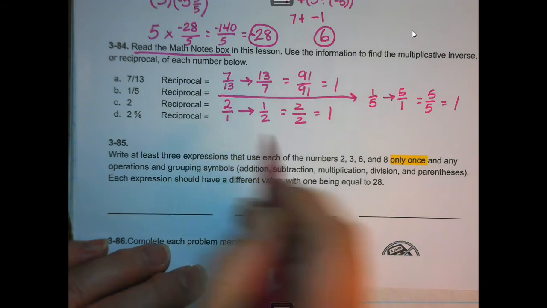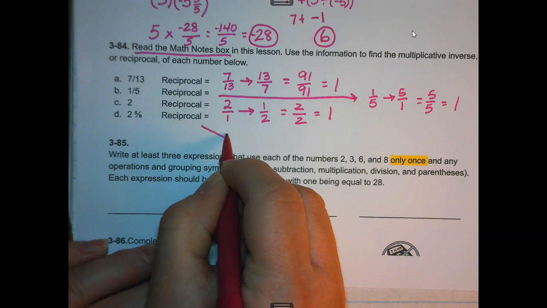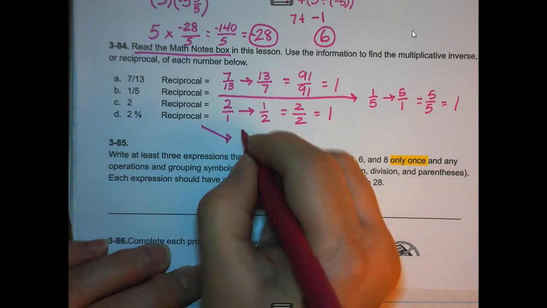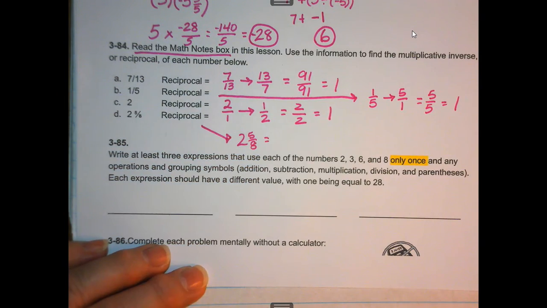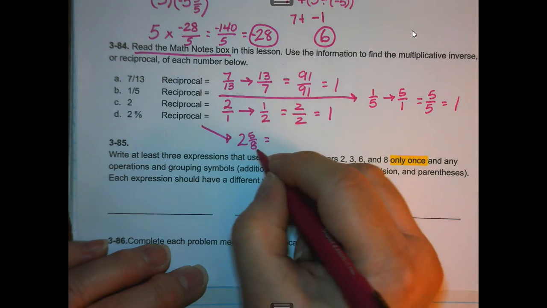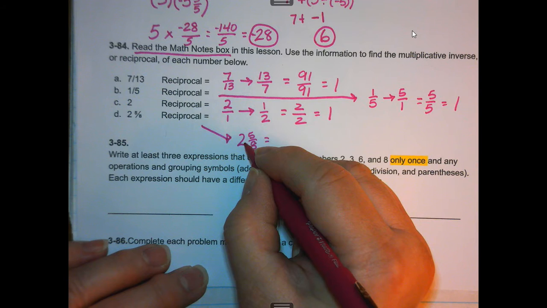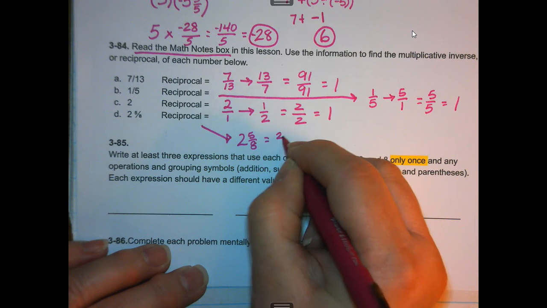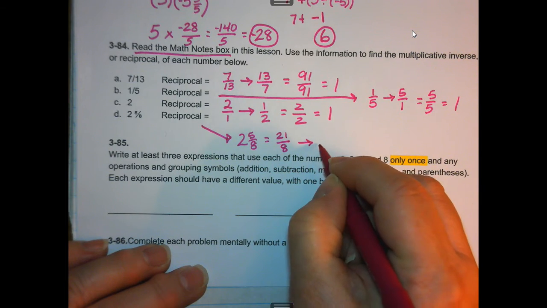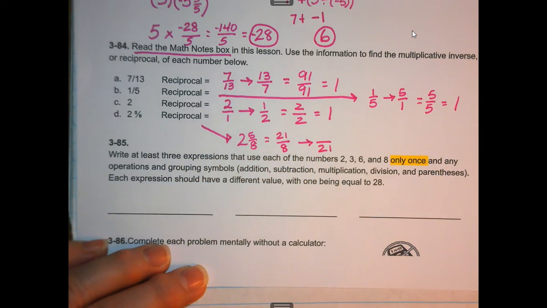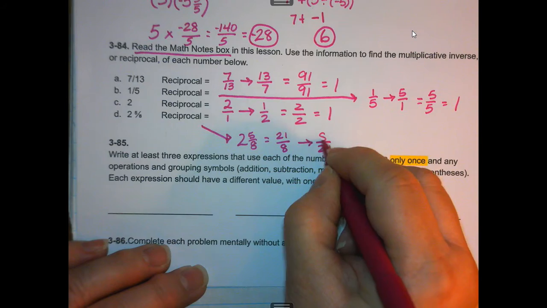And then for this last one, I'm going to take the 2 5/8, and I'm going to change that to a top-heavy fraction. 8 times 2 is 16. 16 plus 5 is 21. And the reciprocal of that, 21 goes down in the denominator position, 8 goes to the top.